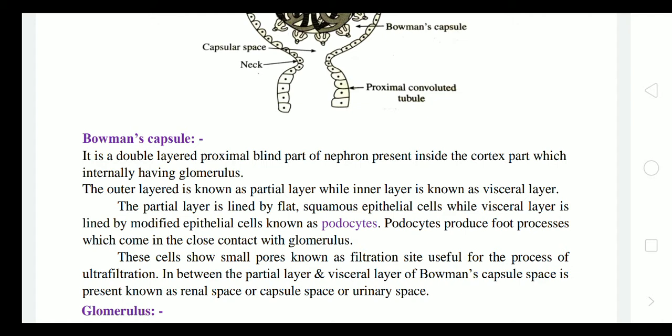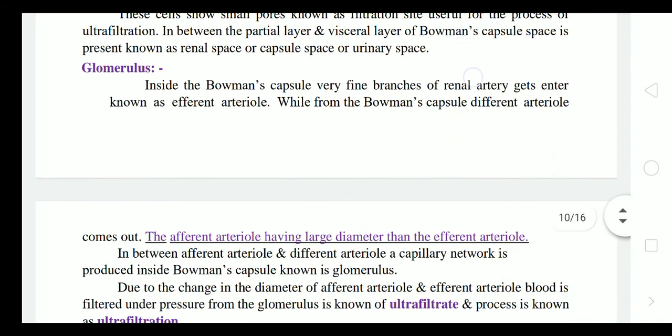These cells show small pores known as filtration sites, useful for the process of ultrafiltration, where the blood is filtered. In between the parietal layer and visceral layer of Bowman's capsule, a space is present, known as renal space or capsule space or urinary space.